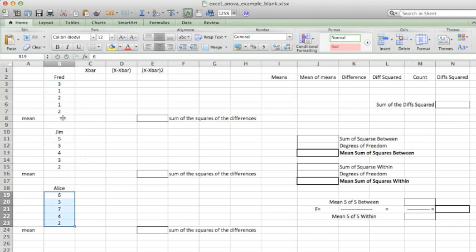Let's begin by finding the value of the mean for each of the three groups.